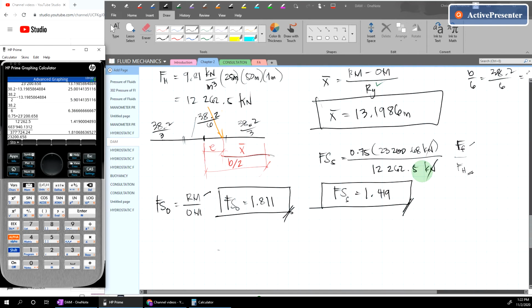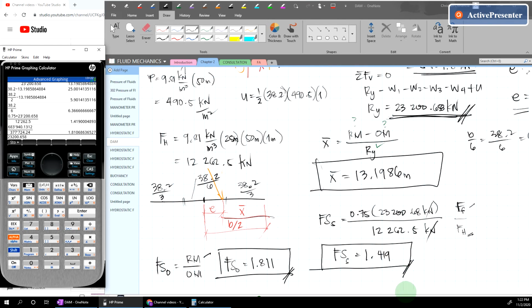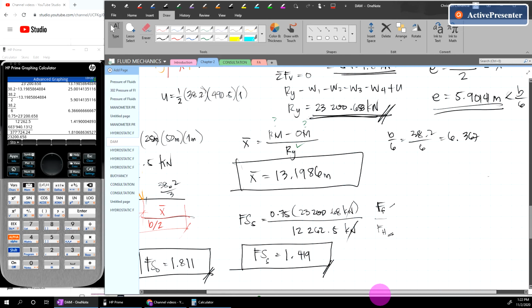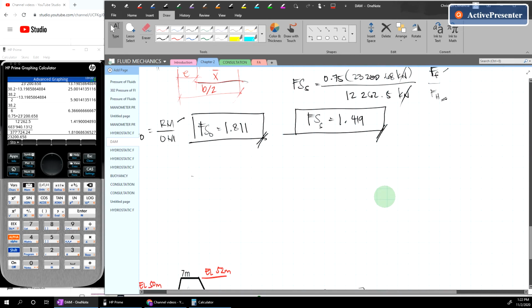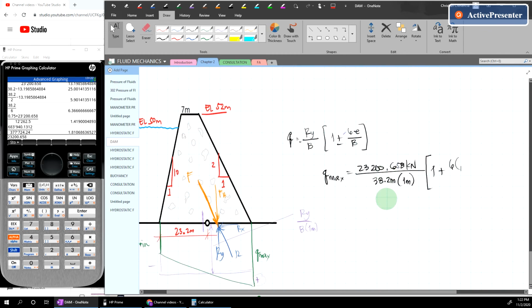Tama ba? So, 5.9 nine 0.141 meter. Then over B.